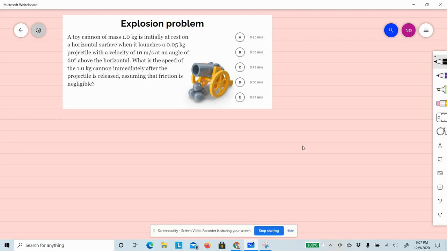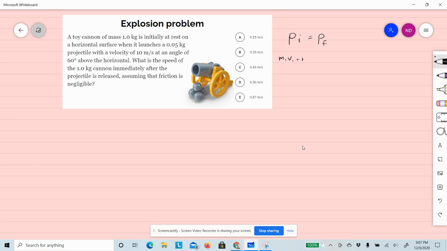All right, this is an explosion. Again, collisions, explosions, you're thinking momentum. Momentum is conserved. Momentum initial equals momentum final. The momentum initial here is very simple. You've got a toy cannon, M1, V1.